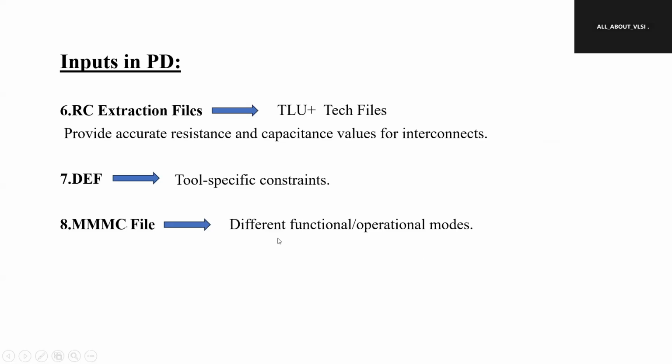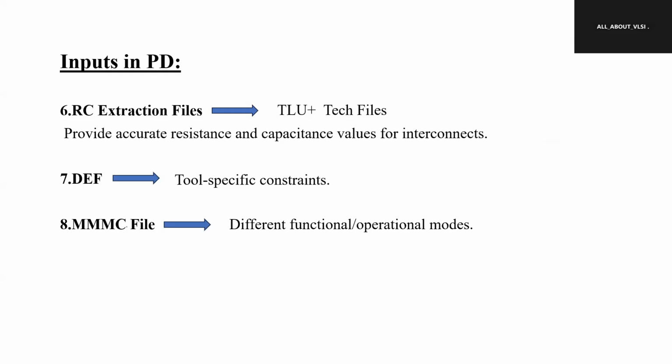We need to check our IC in every corner and every function, under every operational mode, then only our chip is going to have better performance, right? This file consists of two modes: functional mode and scan mode.